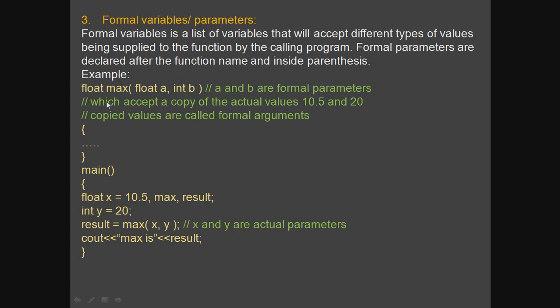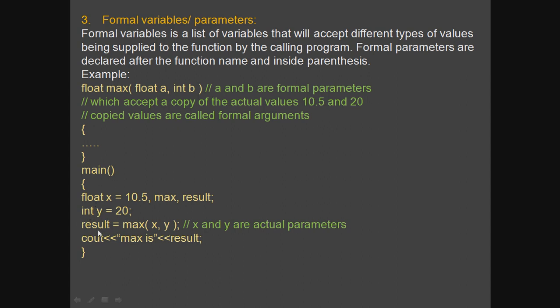Clear? So here, this is the function definition or the called function, right? In the main function here, you have initialized the variable x, which is a float type, 10.5, because it has a decimal point. Max and result are also float type. Here y is of integer type, which is assigned the value 20.